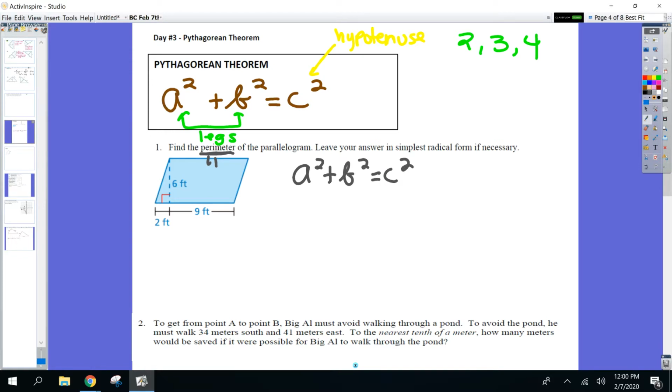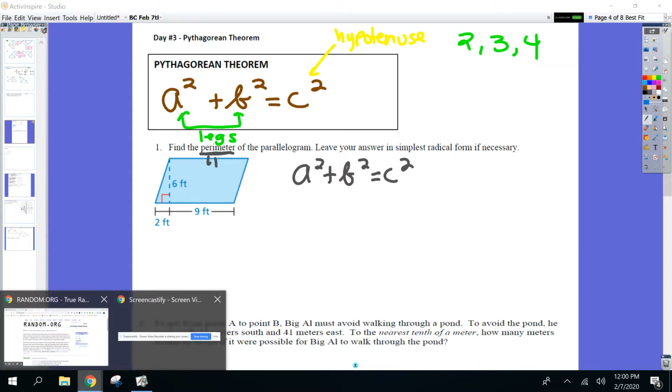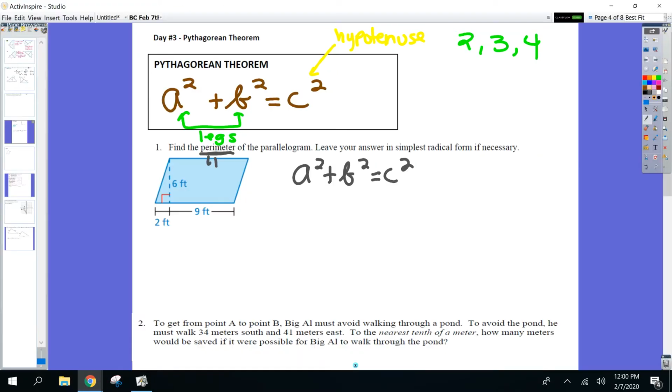I just need somebody's help here. What are my values here for Pythag? Getting 40 equal to c squared.